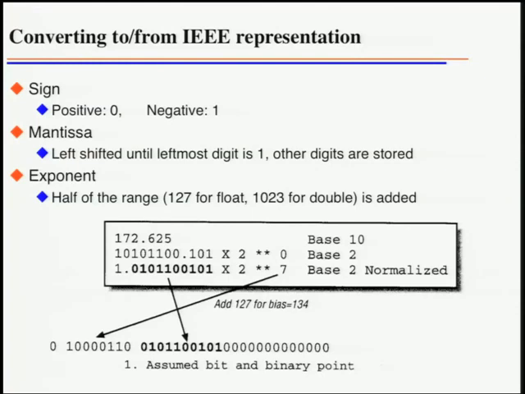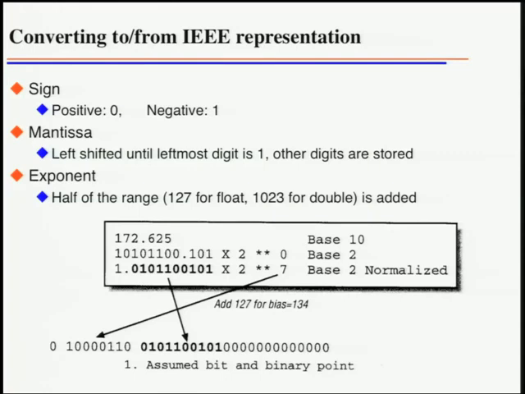The convention is just that the first half of the range of this number is negative and the second half of the range is positive. So you take the exponent that you would like to store and add half the range of it. So for a floating point number, you add 127 to it. This gives you then the exponent like you store it.